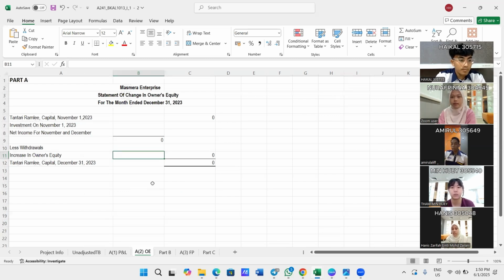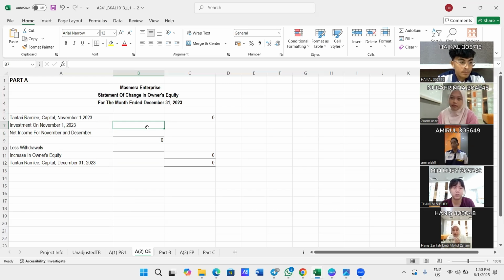Okay, so we move to question B, which is the statement of changes in owner's equity for the month ended December 31st, 2023. Anybody would like to continue? Okay, thank you, Haikal and Amirul. Next, we move on to the statement of changes in owner's equity. We started with 0 ringgit capital on 1st November 2023.